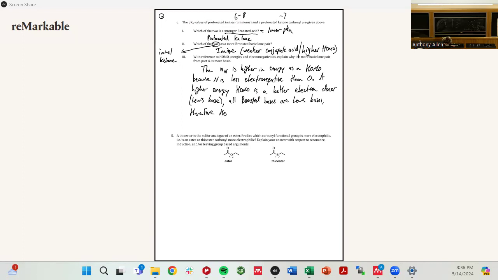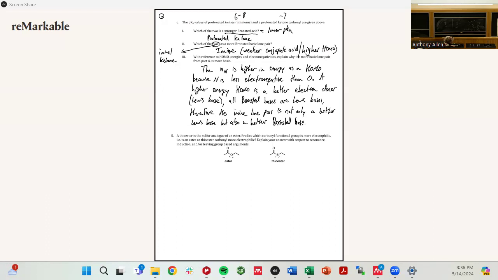Therefore, the imine lone pair is not only a better Lewis base, but also a better Bronsted base.